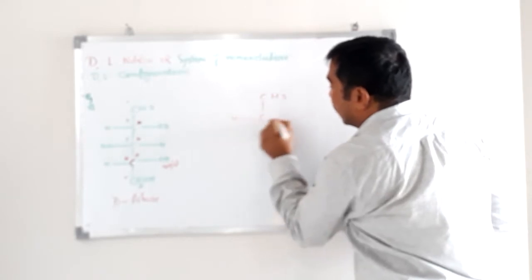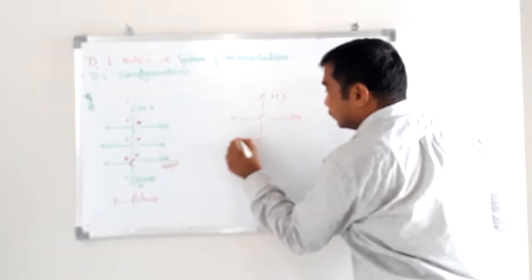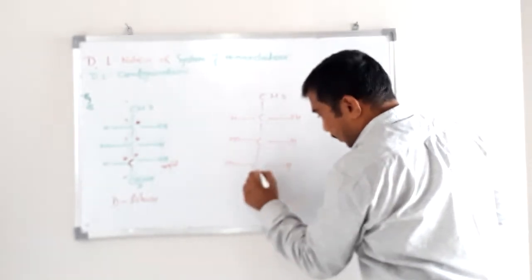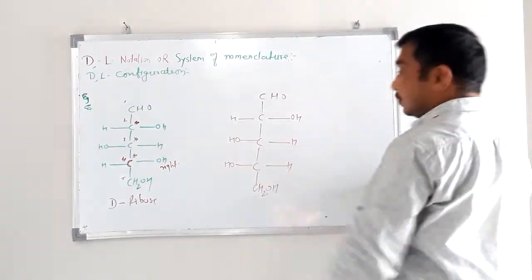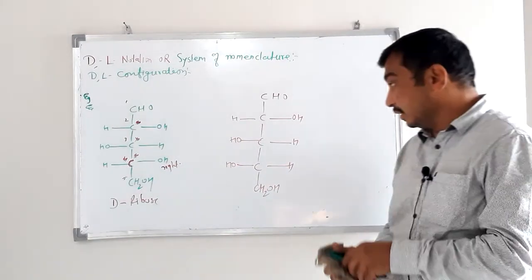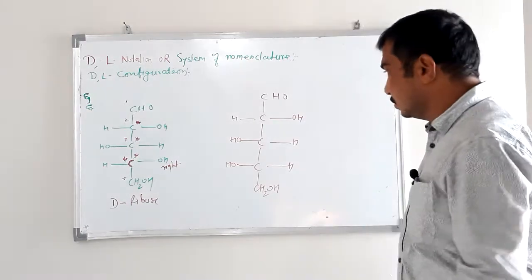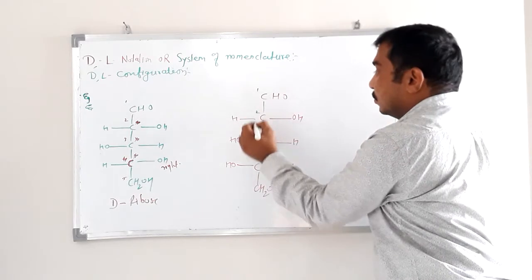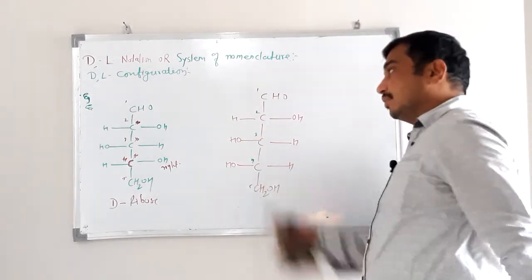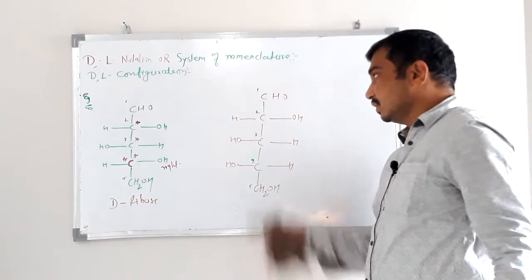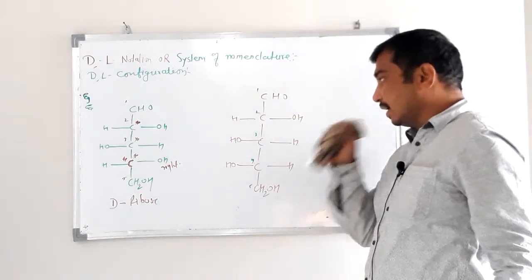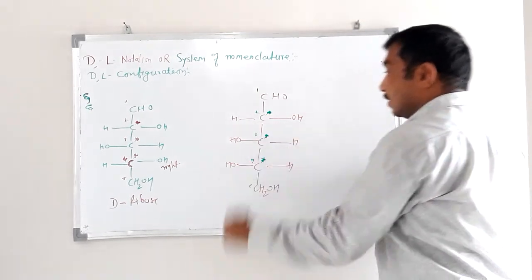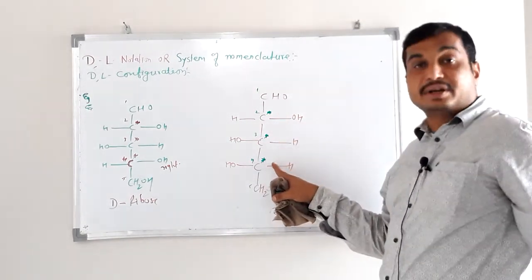Now one more example, CHO, another carbohydrate, also ribose. For this carbohydrate we have to give the DL notation. It is isomeric with the previous ribose. See carbon number 1, 2, 3, 4, 5. Carbon number 1 is not a chiral carbon atom, it is not tetrahedral. We want tetrahedral carbon. This is the carbon which is asymmetric, and this is the first, second, third asymmetric carbon atom.